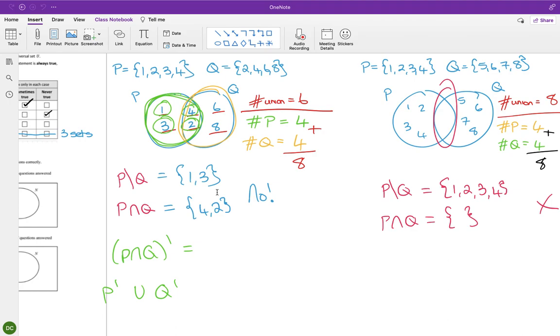So if I block the intersection, what's left? 1, 3, 6, 8. Now, the next one, we need to do these separately. So, can anyone tell me what P complement is? Everything outside of P. So, block P, 6 and 8.